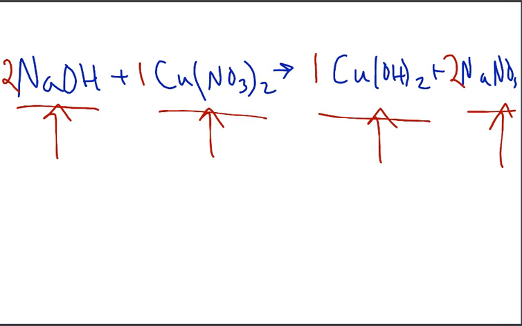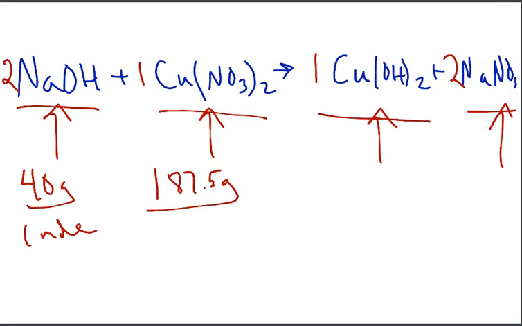And as always, I round. So this is about 40 grams per 1 mole. Copper(II) nitrate looks like it's 187.5 grams per 1 mole. Copper(II) hydroxide is 97.5.